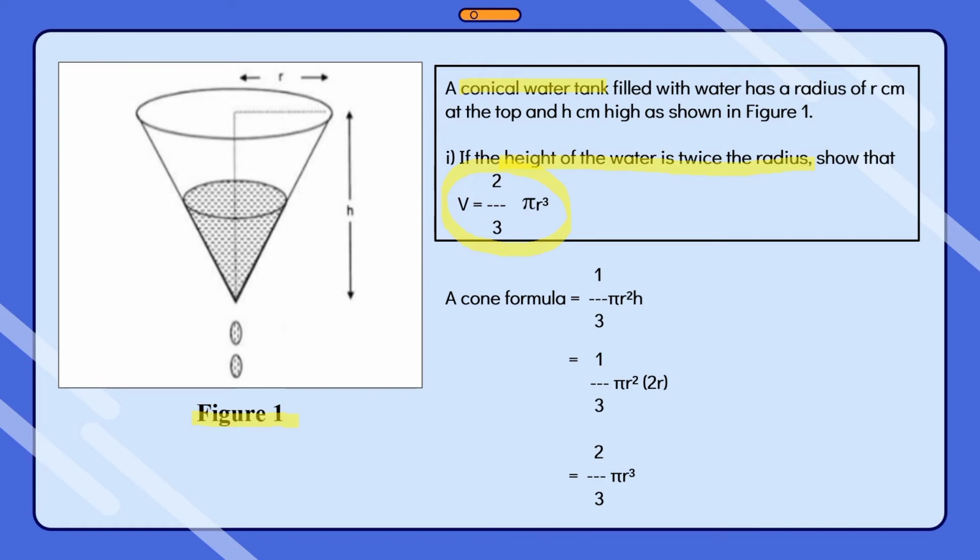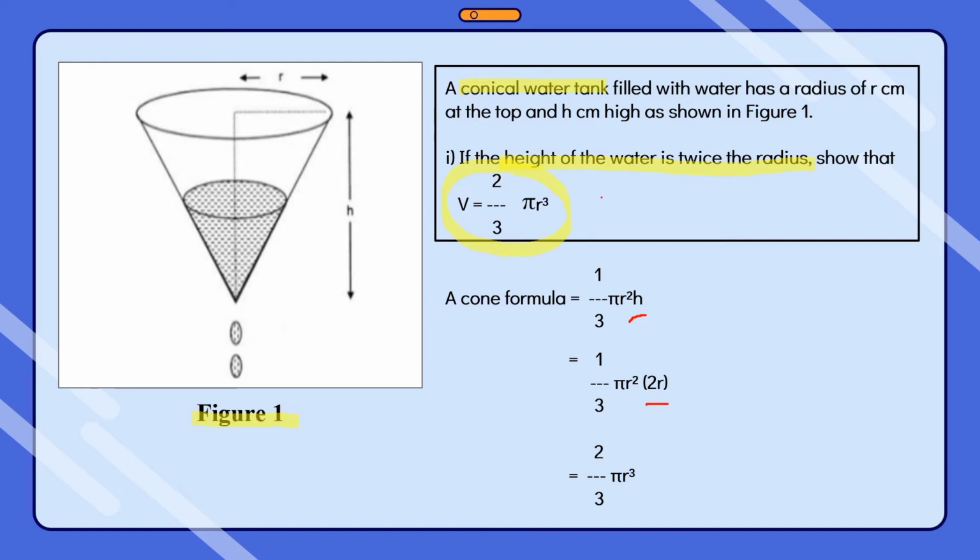Why do we have to substitute h with 2r? From the above information, we have to rewrite the volume of the cone in a single variable. So we must substitute h and make it related to r. Why is that?